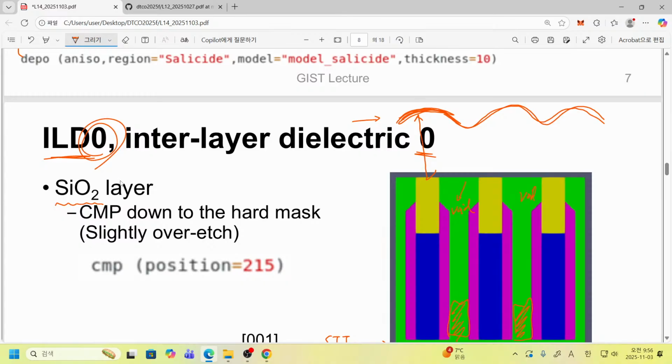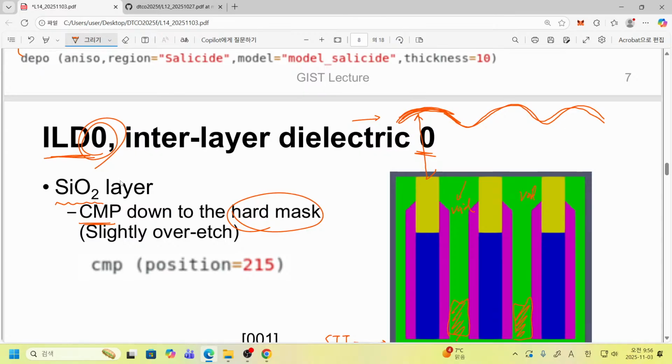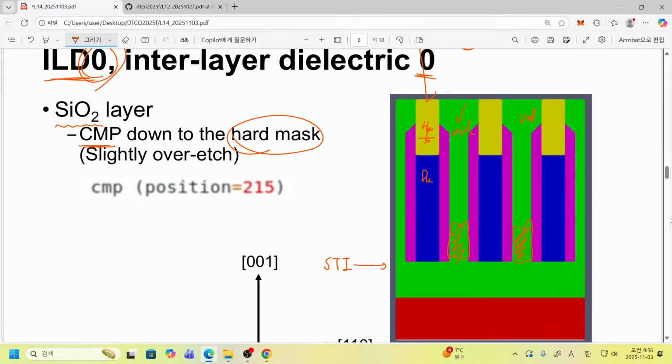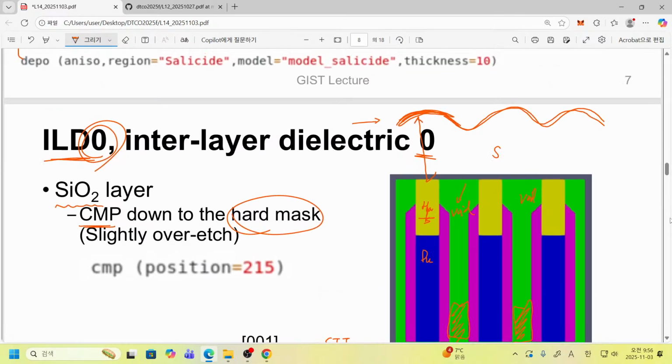This is not good at all, so we perform chemical mechanical polishing once again, down to the top of the hard mask. This blue one corresponds to our dummy gate, and this is our hard mask, silicon nitride. Initially we also have a silicon dioxide layer, and it is continuously eliminated by CMP.